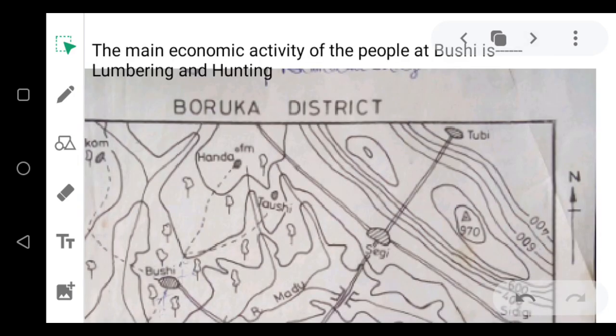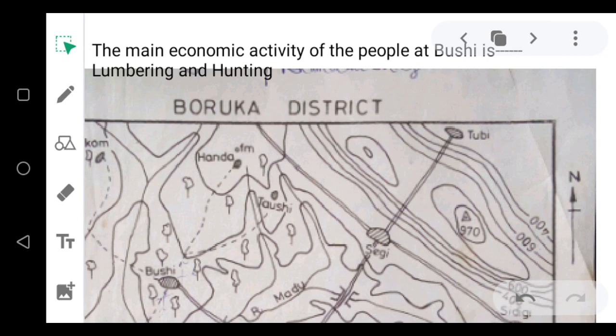Now, you may be asked to give the main economic activity of the people in a certain settlement. In this case, we are asked to name the main economic activity of the people at Bushi. Can you see Bushi?